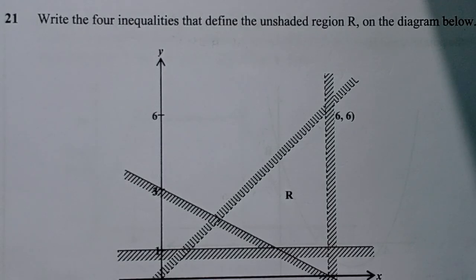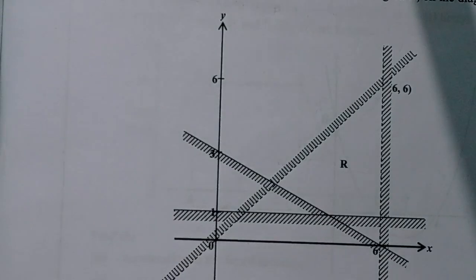Write the 4 inequalities that define the unshaded region on the diagram below. So how do we define the unshaded region? So the first thing, we are going to check what we call the special case lines. So from here, we've got 3 special case lines.